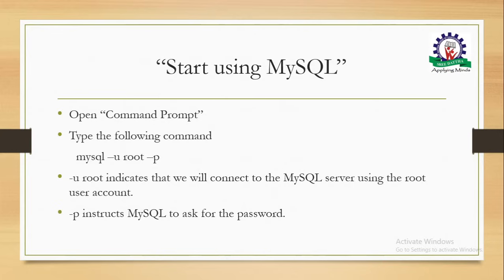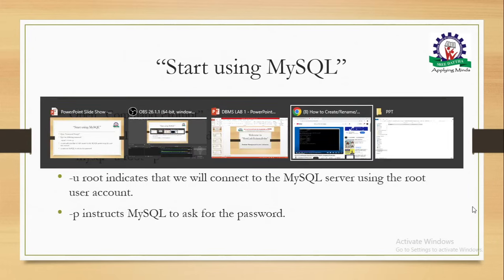Here -u root indicates that we are requesting to connect to the MySQL server using the root user account, whereas -p instructs it to ask for the password, so that you can apply the password you have created and, using that password, log in to the particular user. We will try to demonstrate that now.